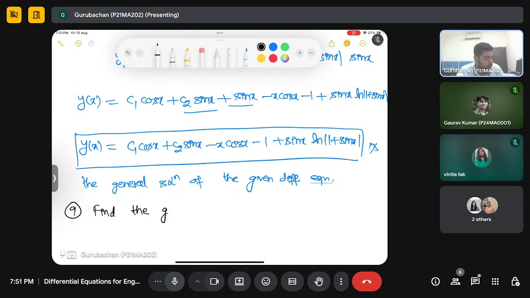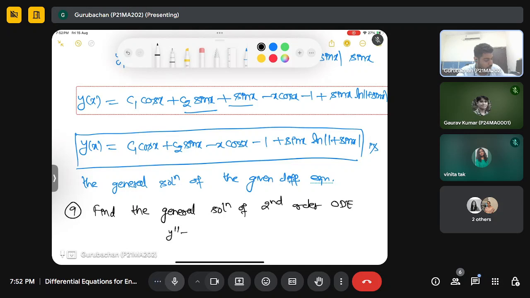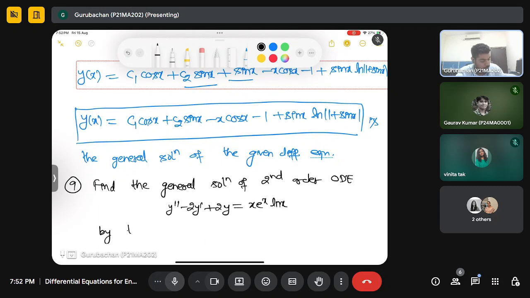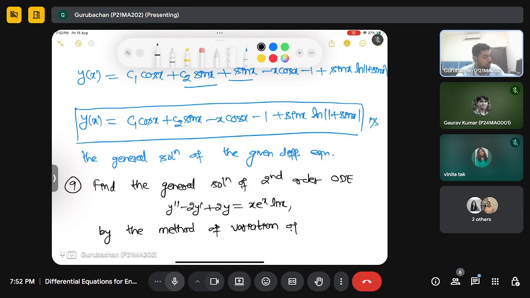Find the general solution of the second order ODE y double dash minus 2y dash plus 2y is equal to, by the method of variation of parameters.